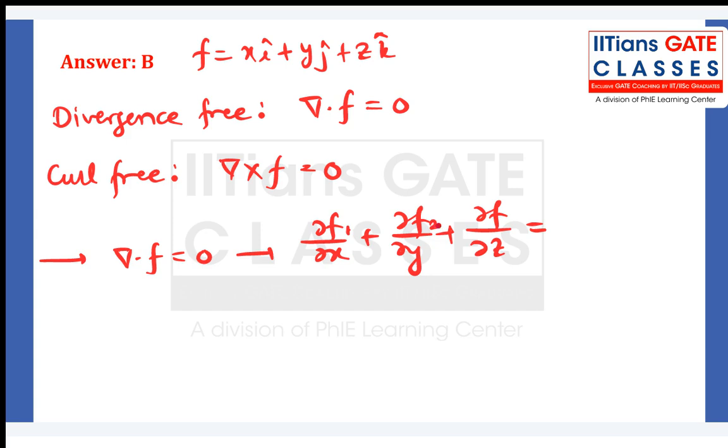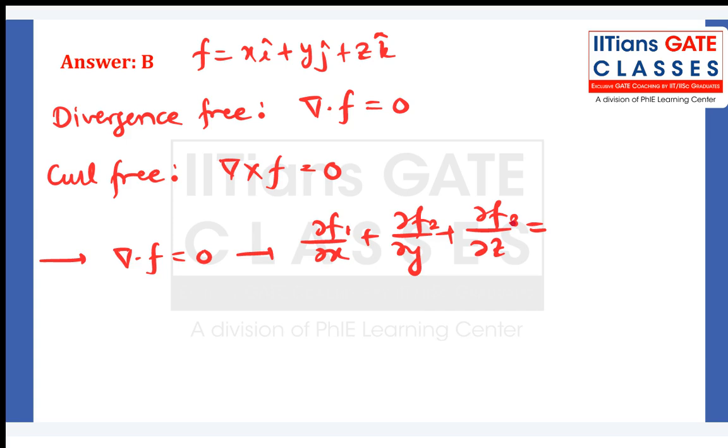So basically, f1 is x, f2 is y, and f3 is z. So f1, f2, f3 are the x, y, z components of your f, and they are x, y, z respectively in this question. Divergence is defined in such a fashion that you take the component-wise derivative in that particular direction and then sum it up. So divergence for a vector field is always a scalar.